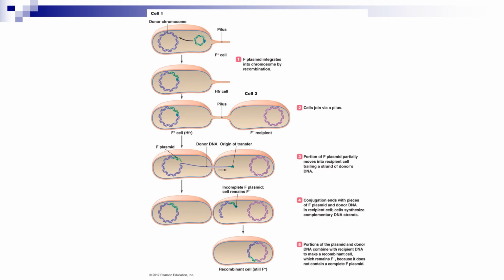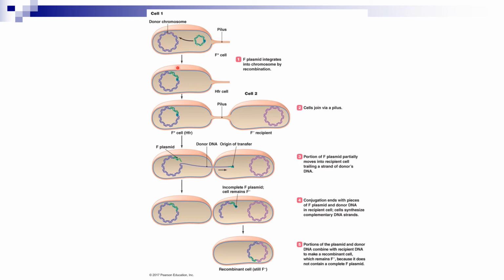This is our donor chromosome, and this is our F plus cell. And in this case, it looks like we just got the F plasmid in this cell, right? Because here's a pilus. So we got the F plasmid from another cell, and it's incorporating into the bacterial genome.